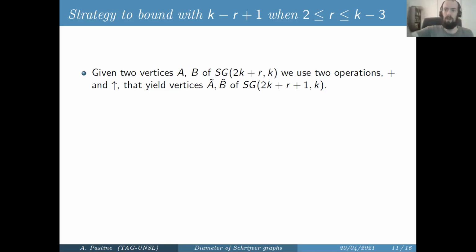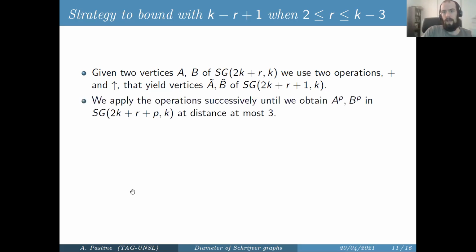Afterwards, we're going to come back to this graph. We're going to use these two operations, which I'm going to show you later, that give us vertices in SG(2K+R+1, K). We apply these operations successively until we obtain vertices AP and BP in SG(2K+R+P, K) at distance at most 3.